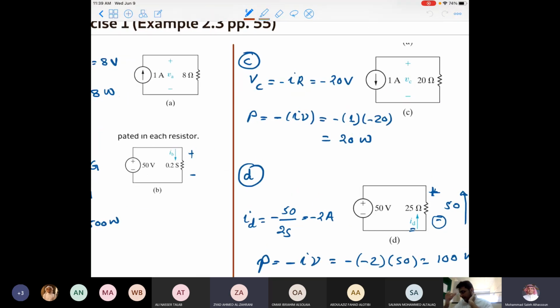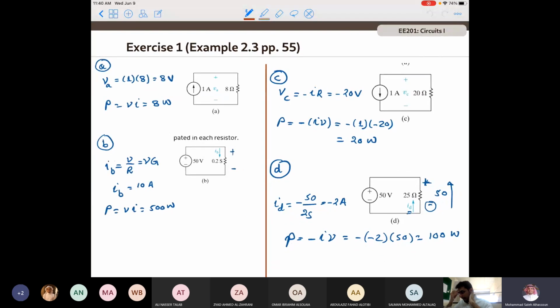So if I ask you to calculate the power, actually the question was on this one, not on that one, but it should be the same. If I ask you to calculate the power generated by the source, what should you do here? V multiplied by I. Yes. According to the passive sign convention, this is positive, right? Yes. So what will be the value of V? Negative 20, right?